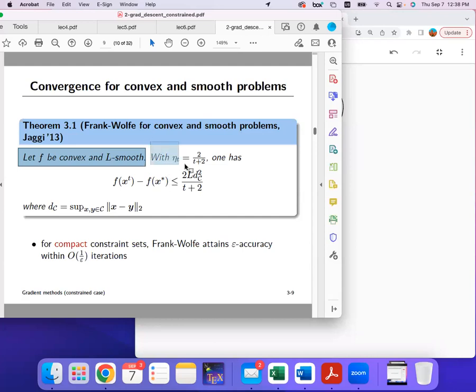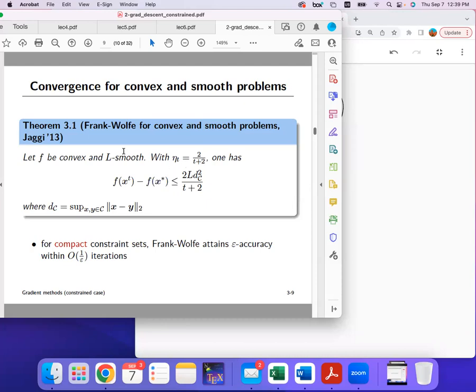If we choose such a step size and apply the Frank-Wolfe algorithm to solve this problem, then we have the following convergence rate. The function value gap at step t is bounded by a constant divided by t plus 2. So it's roughly 1 over t.